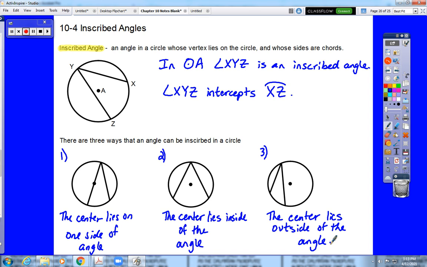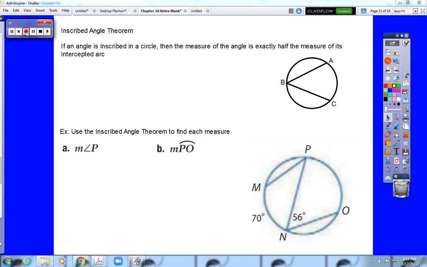Again, all three of these pictures show an inscribed angle. As long as the vertex of the angle is on the circle and the sides of the angle are chords, it is an inscribed angle. Doesn't matter where the center lies, it's still an inscribed angle.